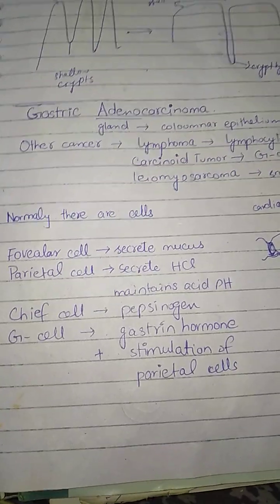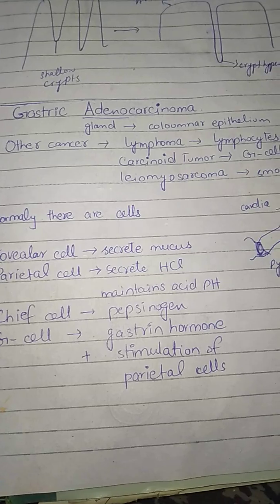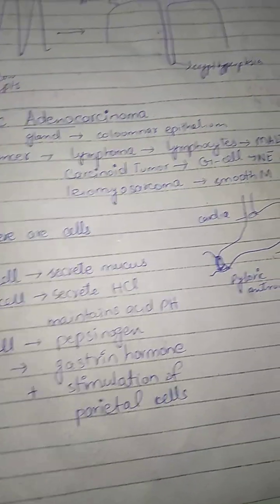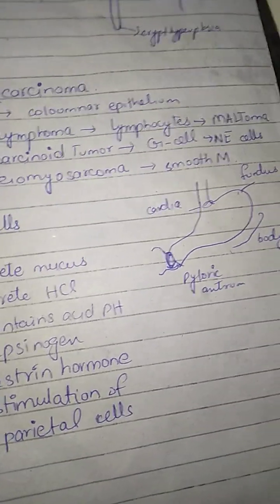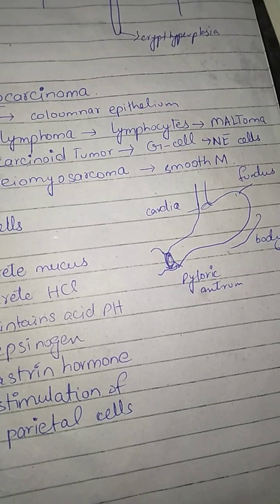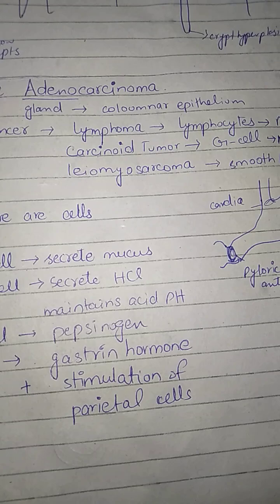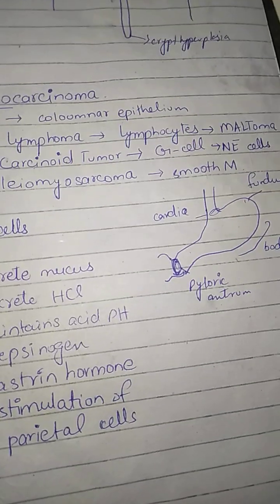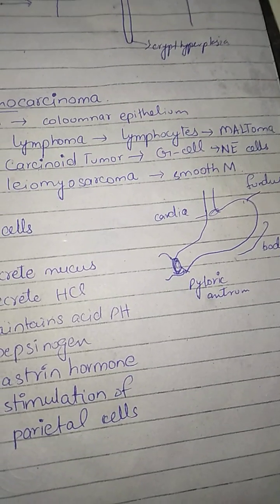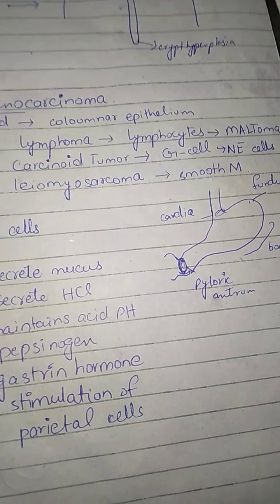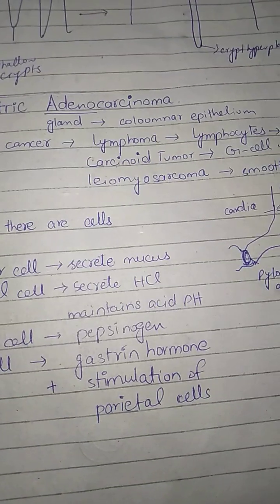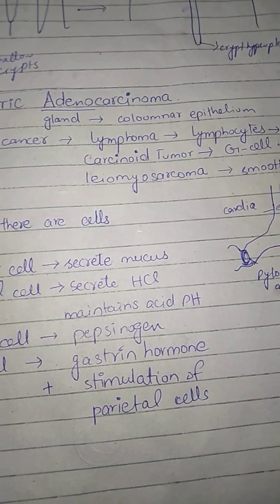There are other gastric cancers as well, which are lymphoma that arise from lymphocytes, and that is termed as maltoma, that is mucus associated lymphoid tissue. And carcinoid tumor arises from the G cells, that are actually the neuroendocrine cells that normally line the epithelium of the stomach.